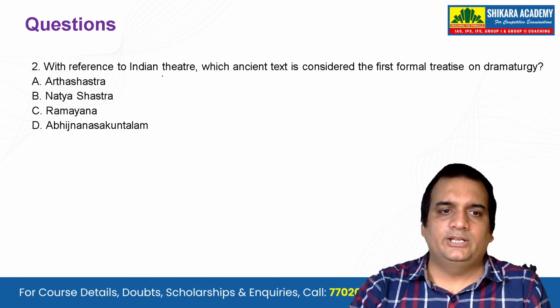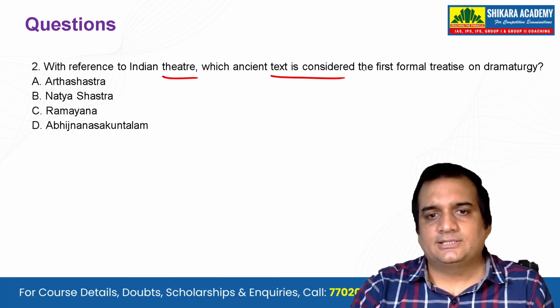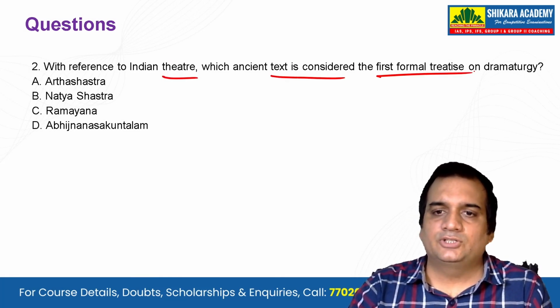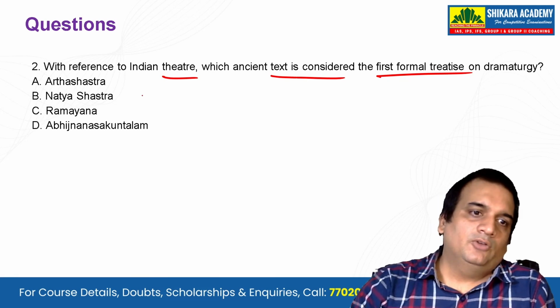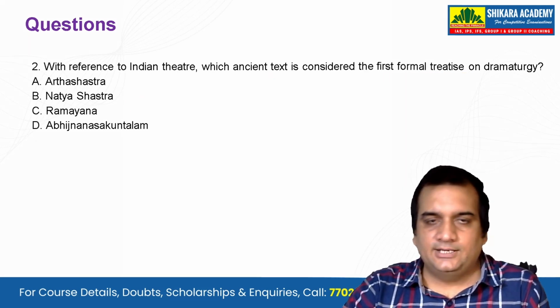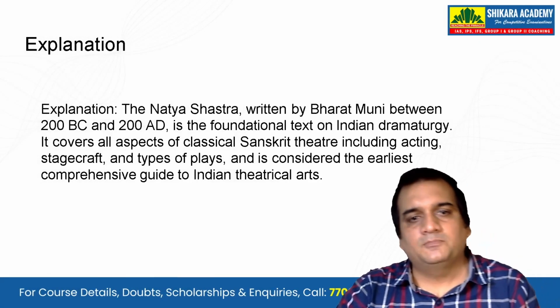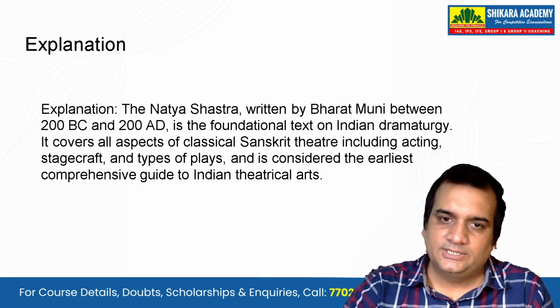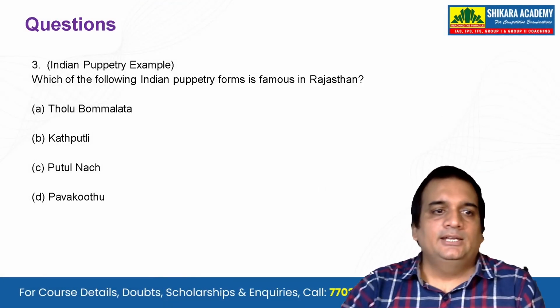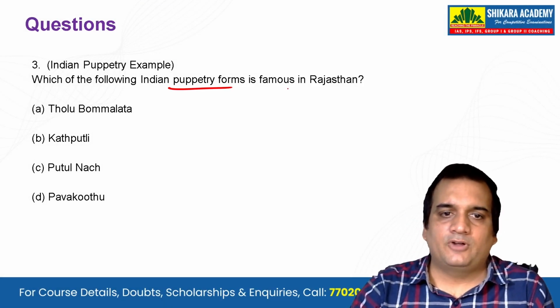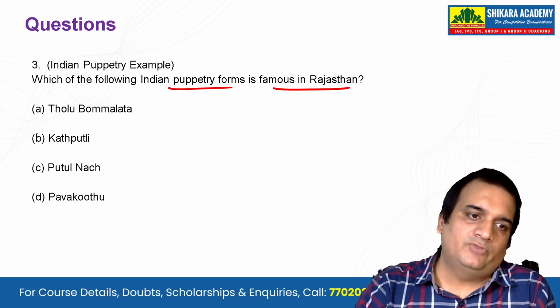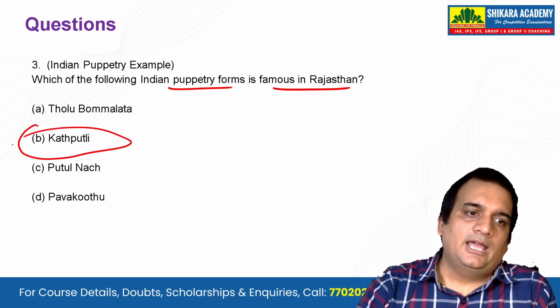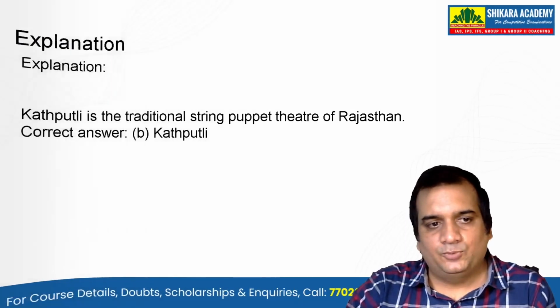With reference to Indian theatre, which ancient text is considered the first formal treatise of dramaturgy? Well, it should be Natya Shastra, which was written by Bharat Muni between 200 BC and 200 AD. Next question, which of the following Indian puppetry forms is famous in Rajasthan? Well, it is made of wood and it is Kathputli.